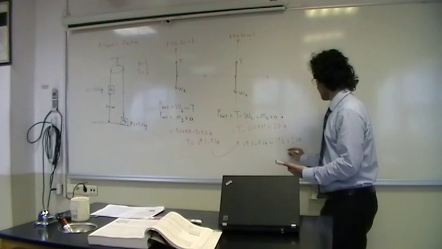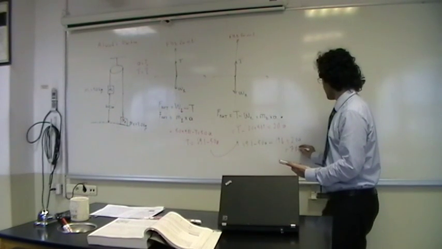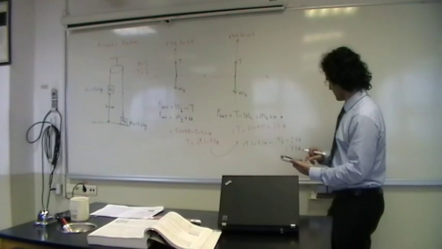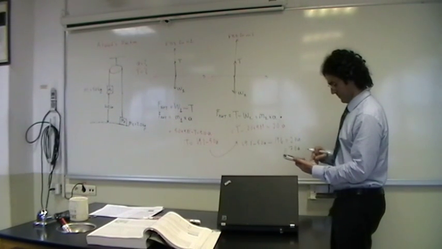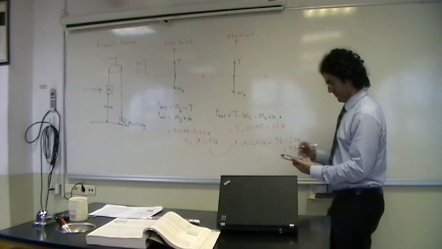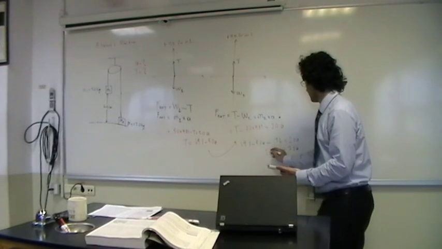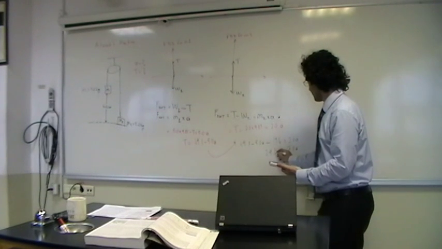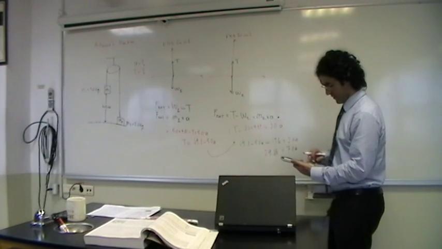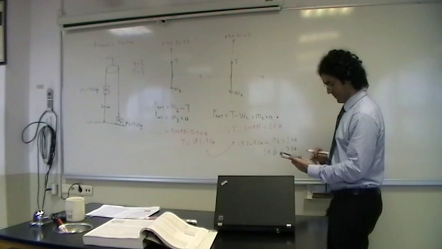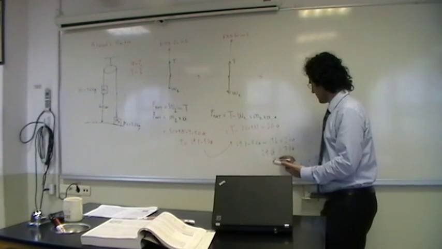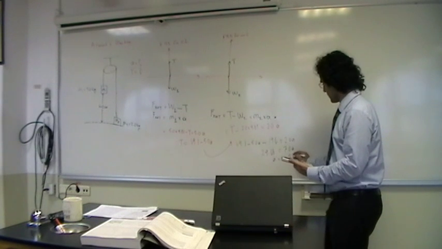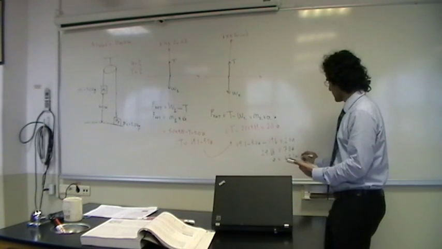If you solve this equation for a, 7a will be equal to 29.48, and if you divide it by 7, here's the acceleration, which is 4.21 meters per second squared.